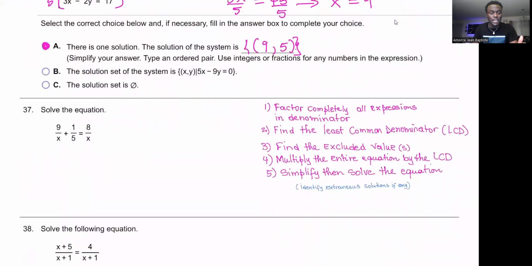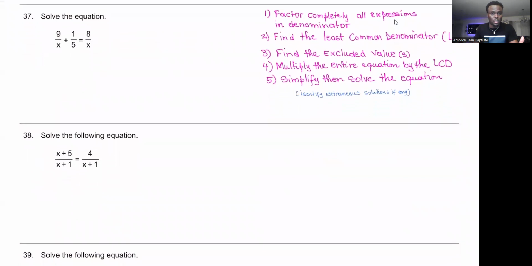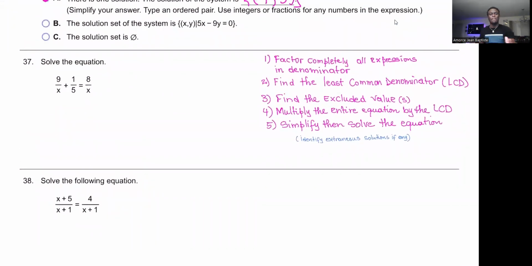Next up is solving rational equations. When solving rational equations, we must go through these steps. Step 1, make sure that denominators are all factored.